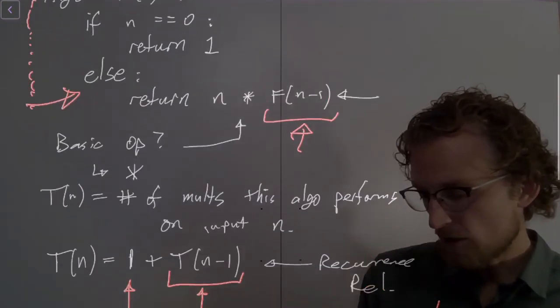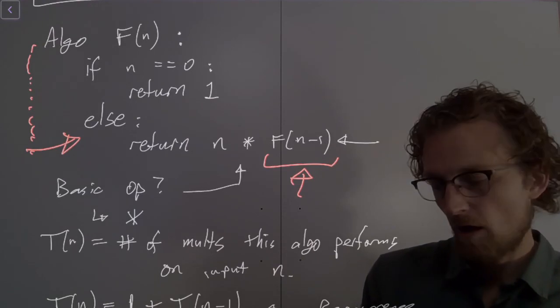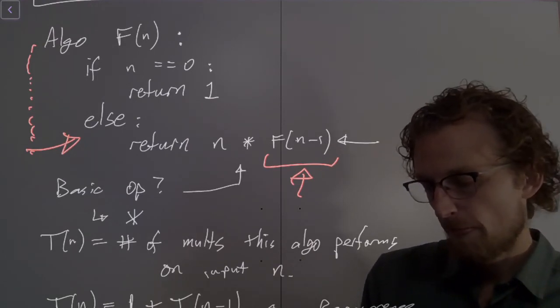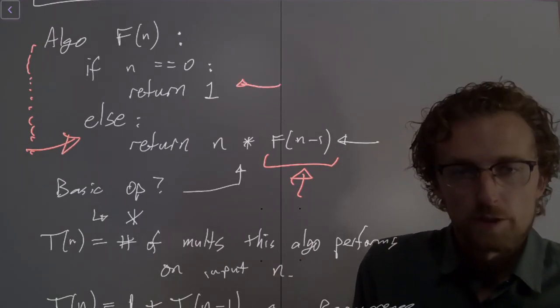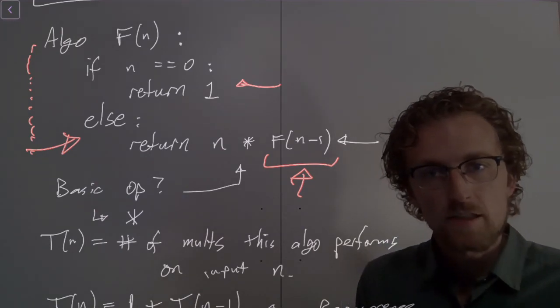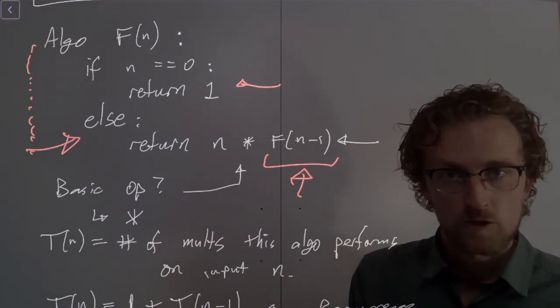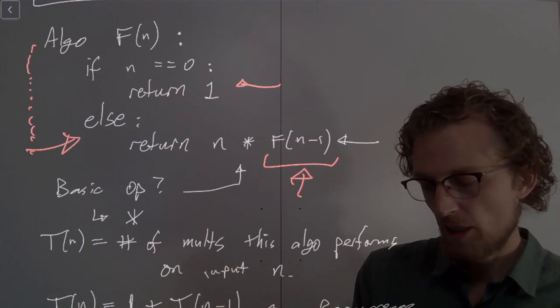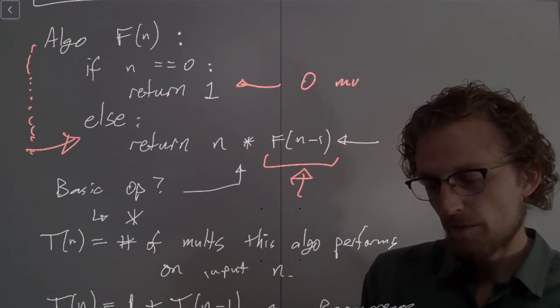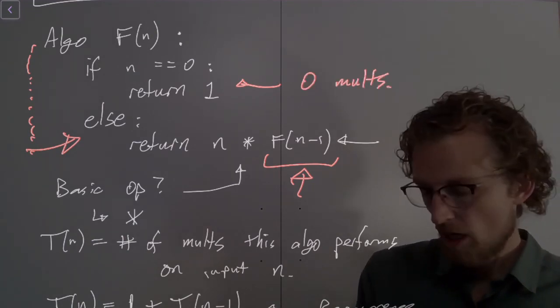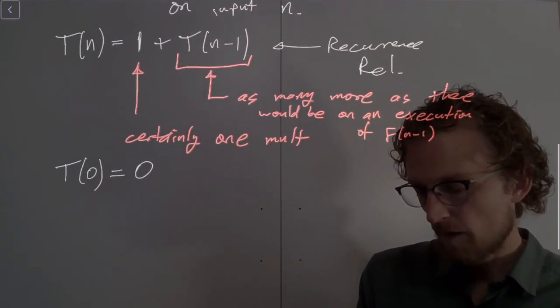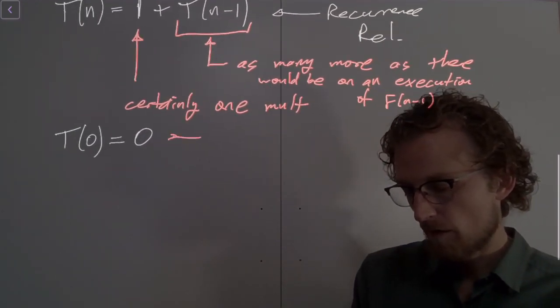How many multiplications do we perform to compute the factorial of 0? Well, none. If we pass in 0, no multiplications occur. So this is 0 multiplications, which is why we have a zero here.